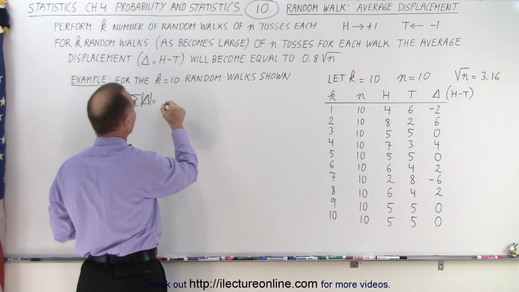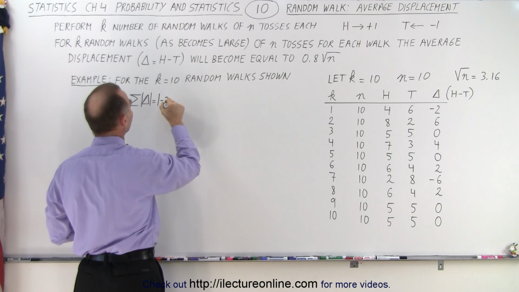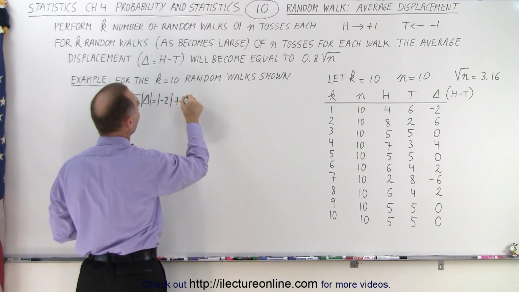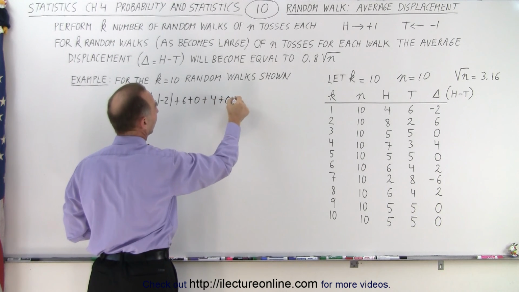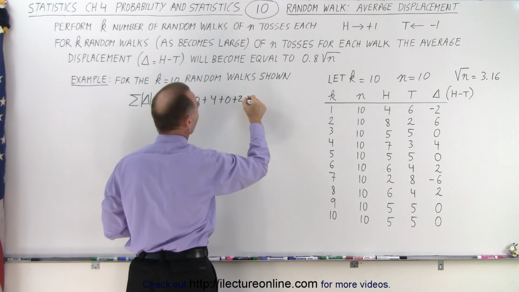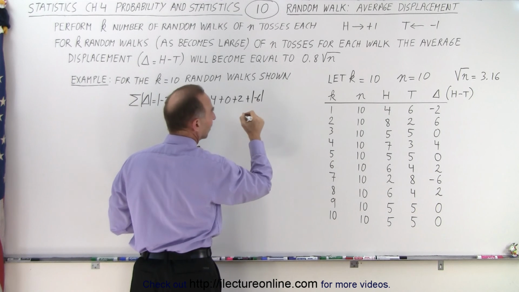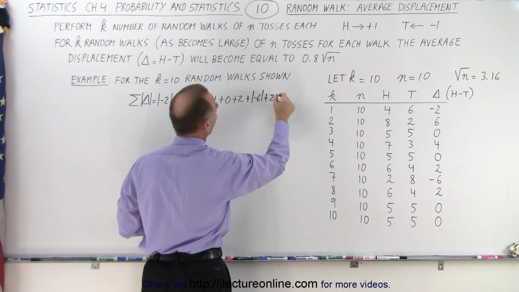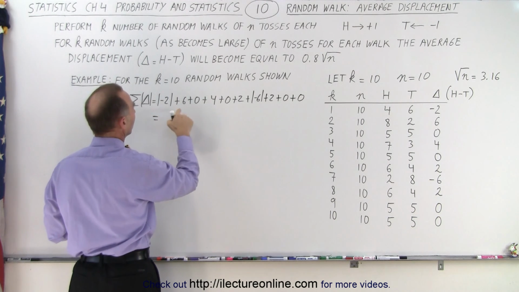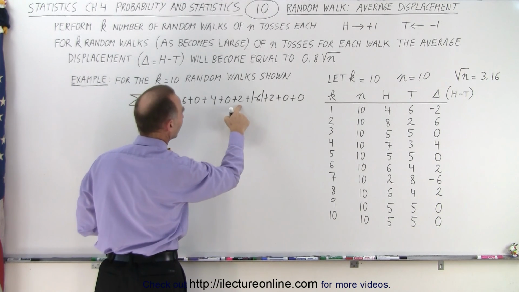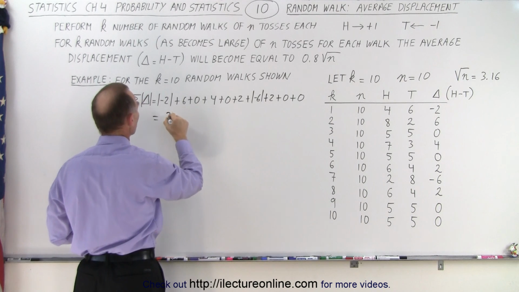So this is equal to the absolute value of 2, plus 6, plus 0, plus 4, plus 0, plus 2, plus the absolute value of minus 6, plus 2, plus 0, plus 0. And what does that equal? That's 8, that's 12, that's 14, that's 20, that's 22.